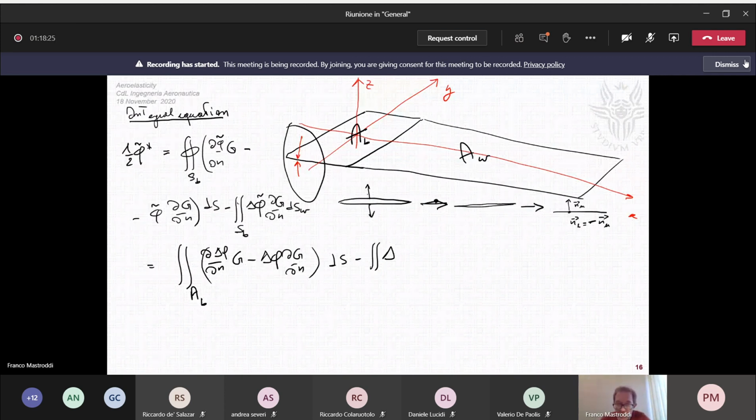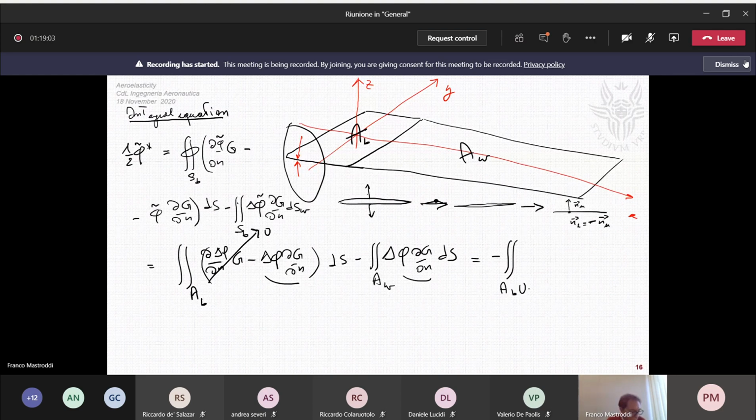So we have the same equation for body and wake. In fact, this part here is going to zero because the jump of delta phi does not exist in the normal of the body. And so we have the same quantity for body and wake, and a unique integral for body and wake together, so body wing union with wake.